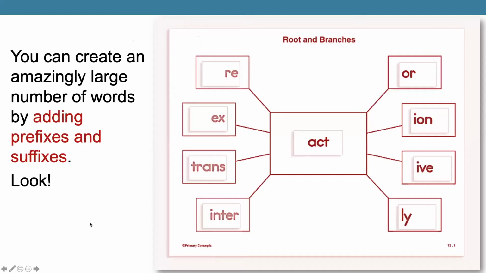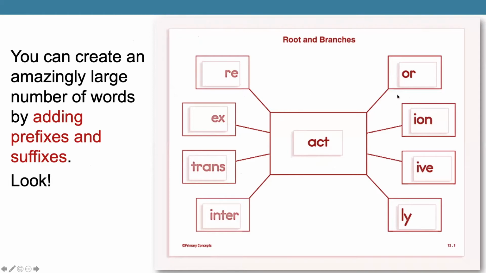Okay, so in this way, you can create an amazingly large number of words by adding prefixes and suffixes. Just look at the example. You have the verb act, and then you can add prefixes: react, exact, transact, interact, and then you have gotten from one verb 4 more verbs.